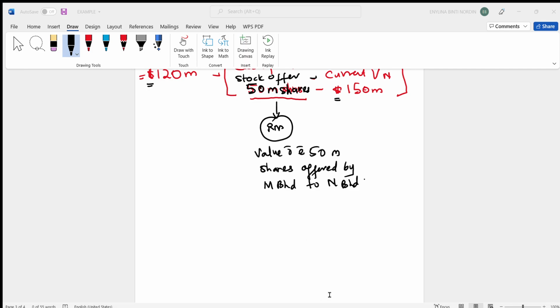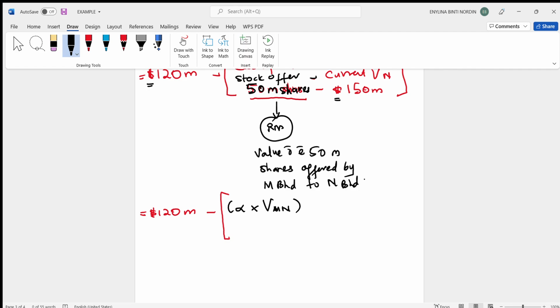So let's go back to the calculation: 120 million synergy, minus, and to convert 50 million shares into RM we use this formula, alpha multiplied by the value of the combined firm.